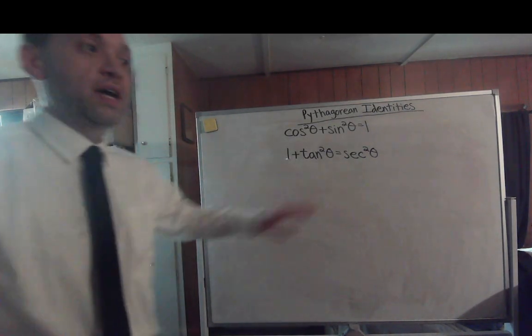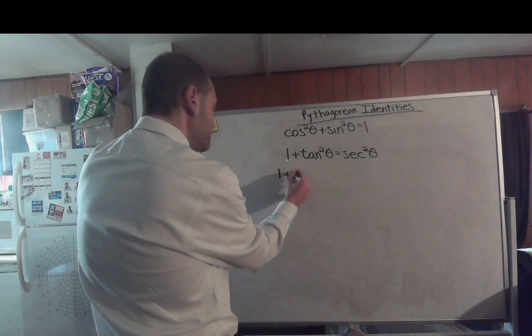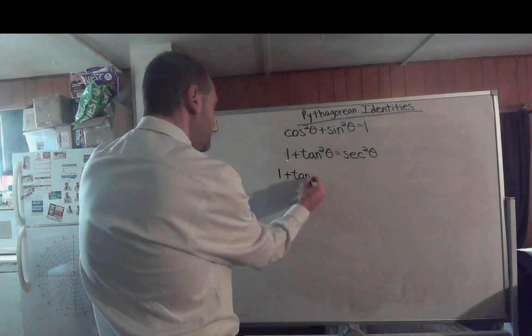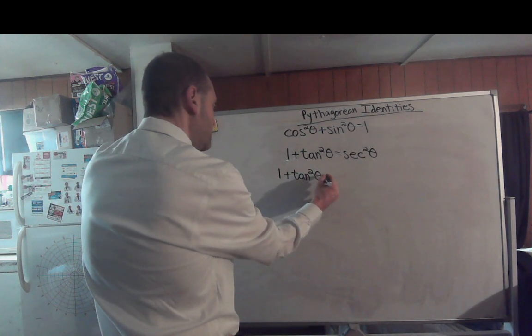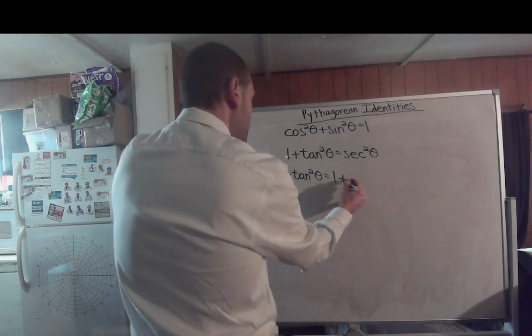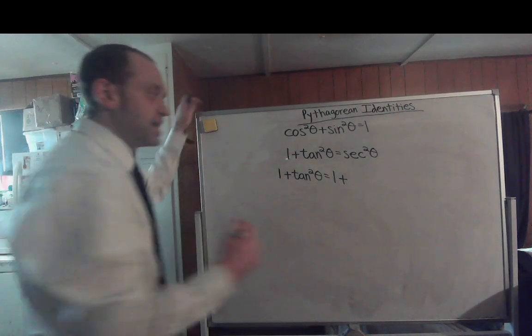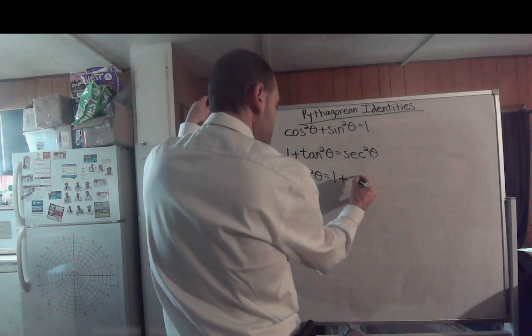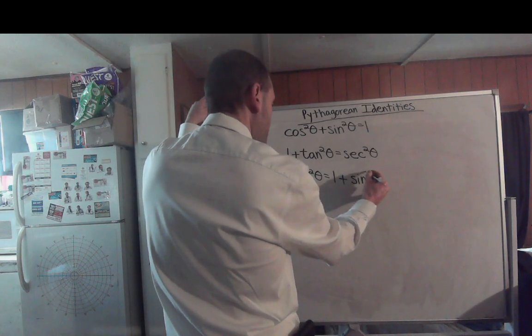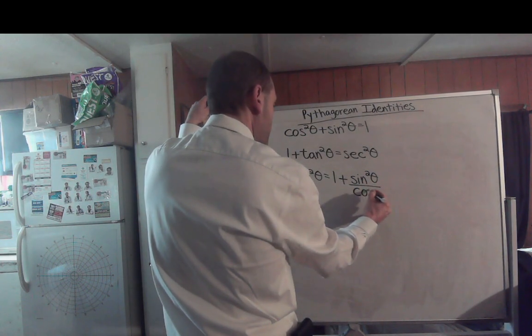Well, let's prove that real quick. So you can take 1 plus the tangent squared of theta. Well, okay, on the left side you'll still have 1 plus, now what is the tangent of theta? That's the sine of theta over the cosine of theta, so this would actually be sine squared of theta over the cosine squared of theta.